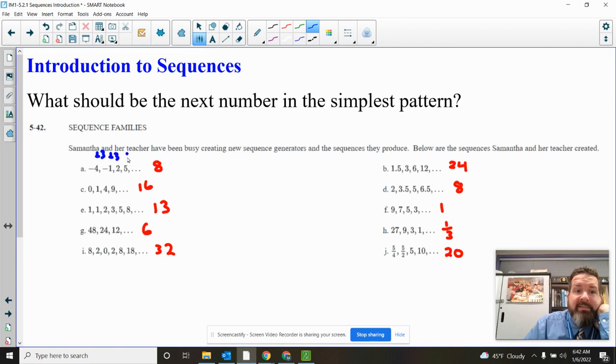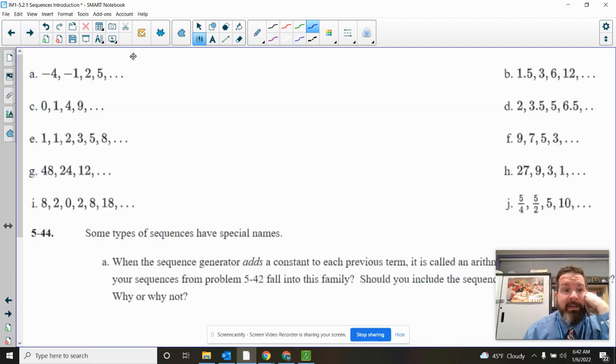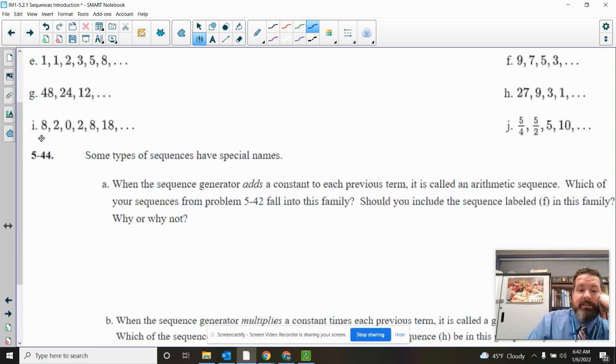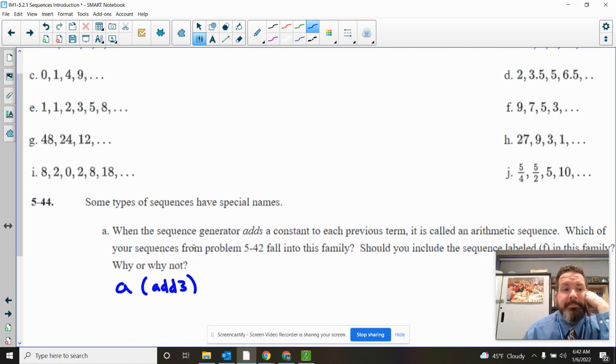To go from 2 to 5, that would also be +3. To go from 5 to 8, we're just doing a +3 every time. That's what an arithmetic sequence looks like. So right away, we know that sequence A has a common difference, it's called: we added 3 each time.